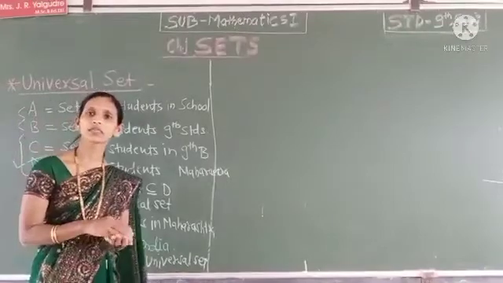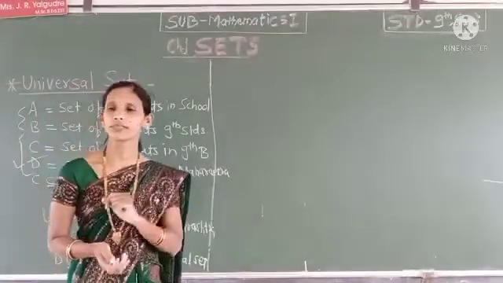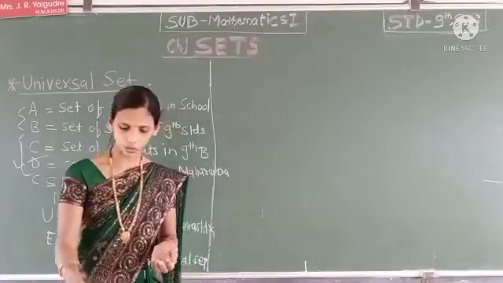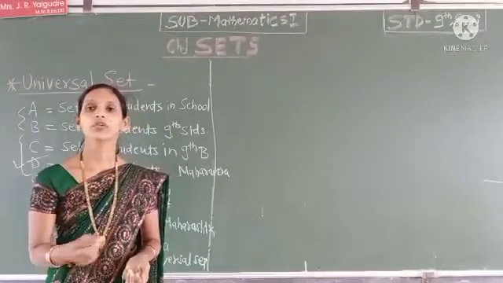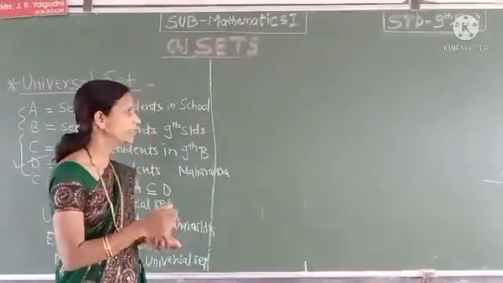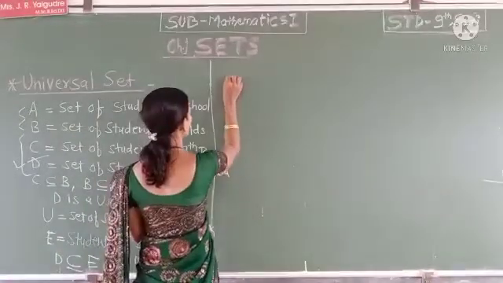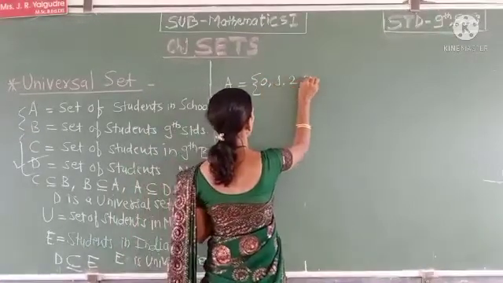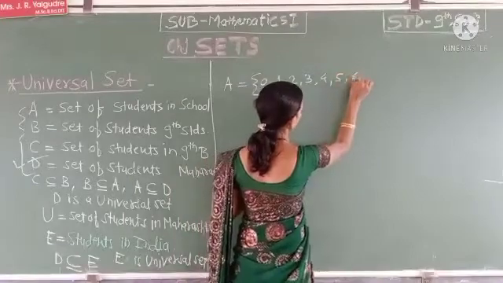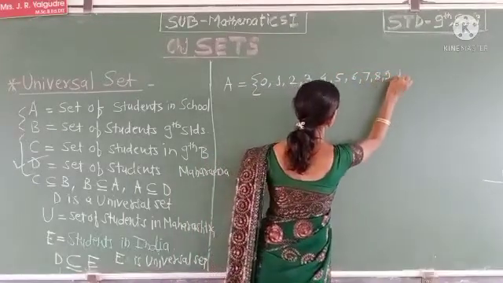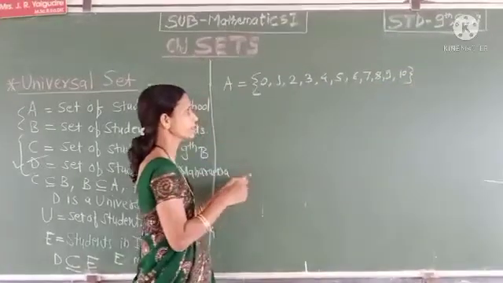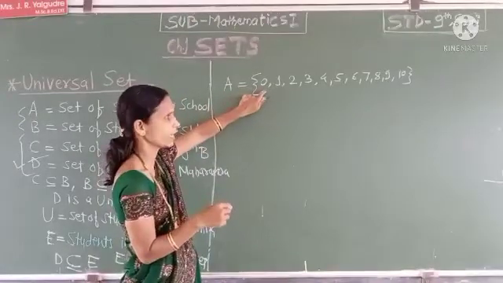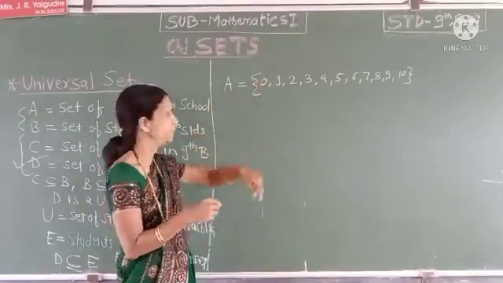That is about the universal set. Then see here, the universal set is also represented using a Venn diagram. Taking one example, if A is a set of 0, 1, 2, 3, 4, 5, 6, 7, 8, 9 and 10, see here, the set of these numbers, you may observe the elements in set A carefully.